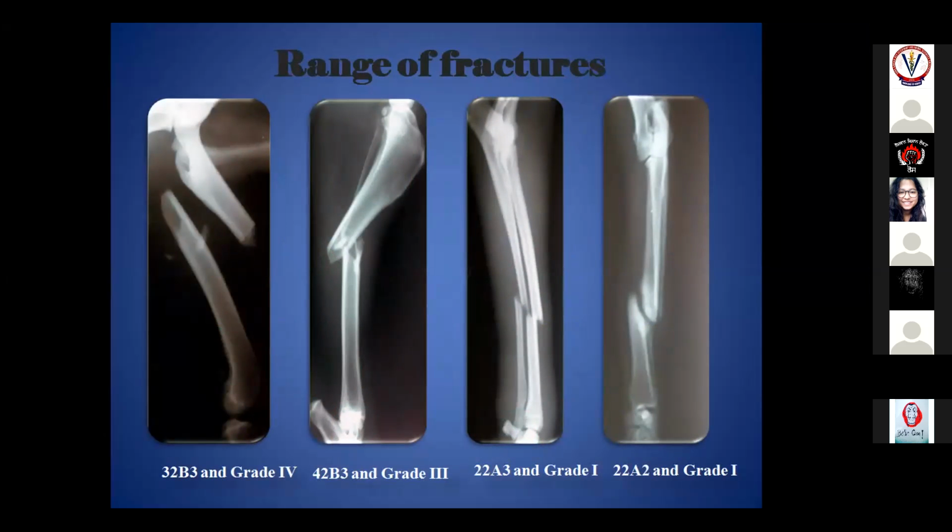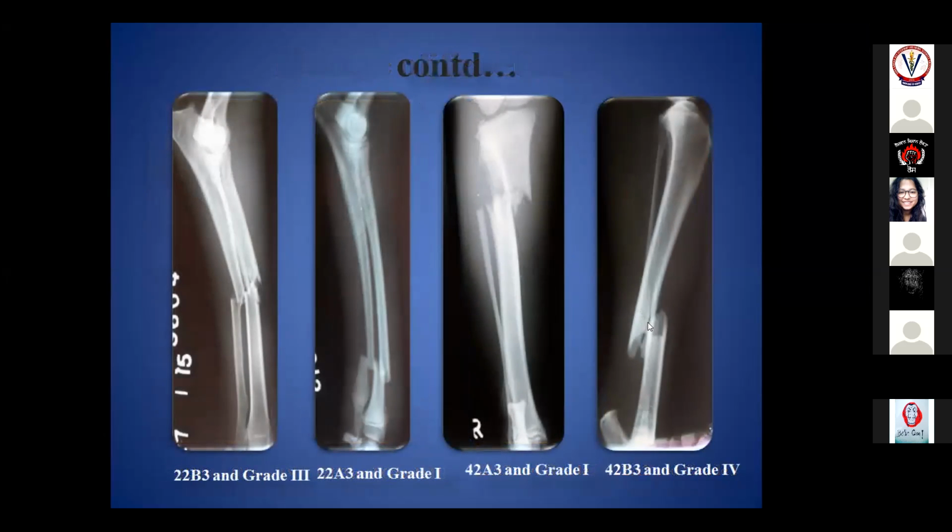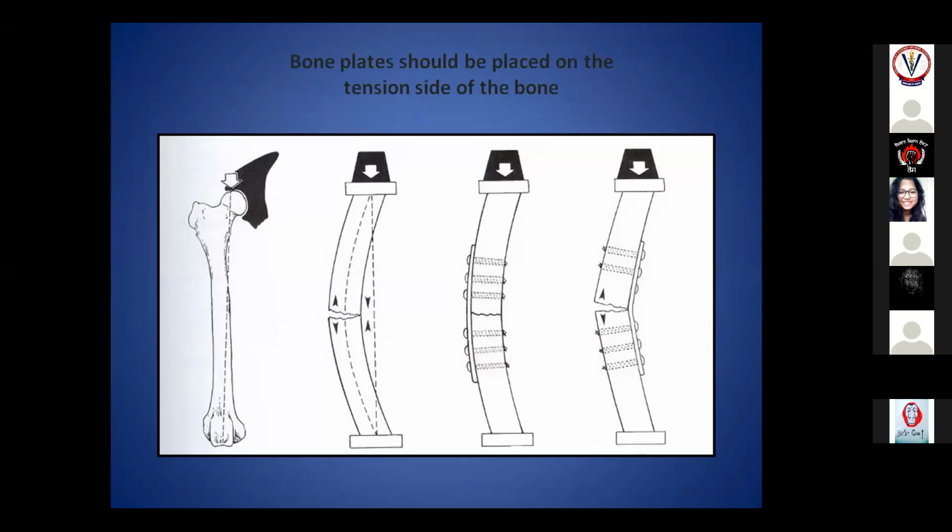These are different types of fractures that can be treated with bone plating. For example, this is a proximal third oblique, mid shaft comminuted, distal transverse, distal oblique. So many types of fractures can be treated with a simple plate. Earlier we discussed that every bone will have 2 surfaces.